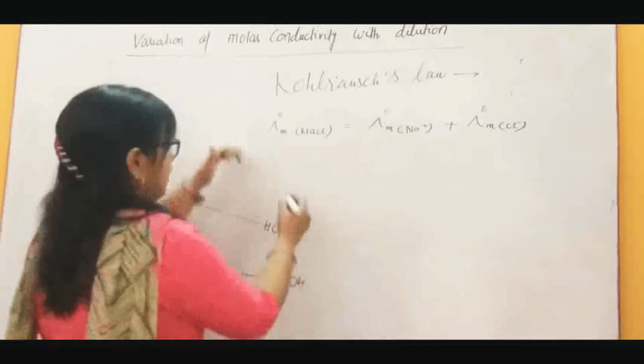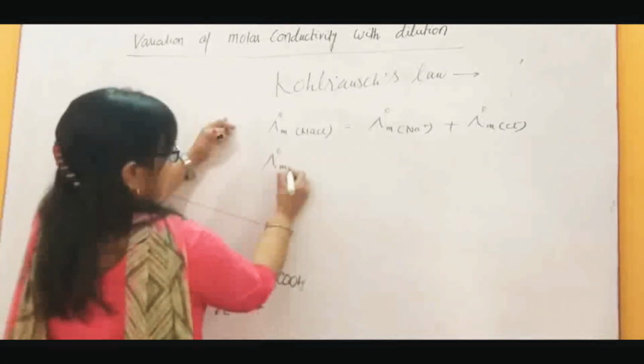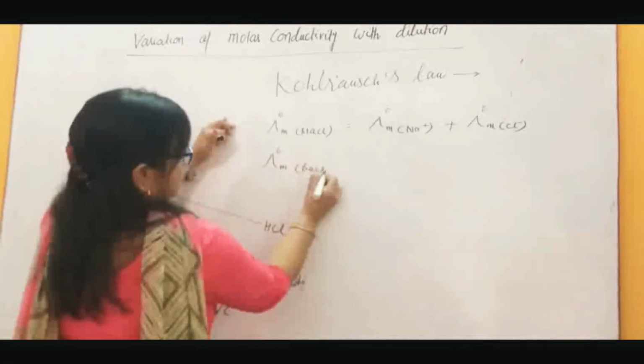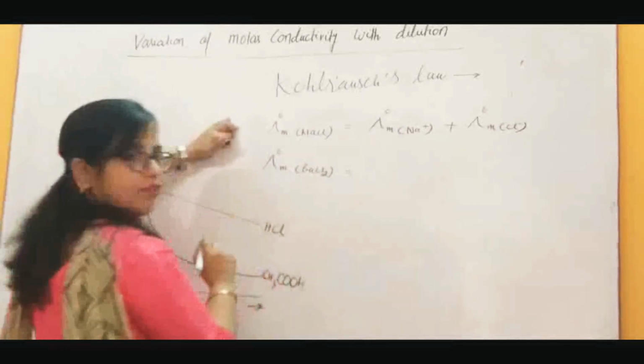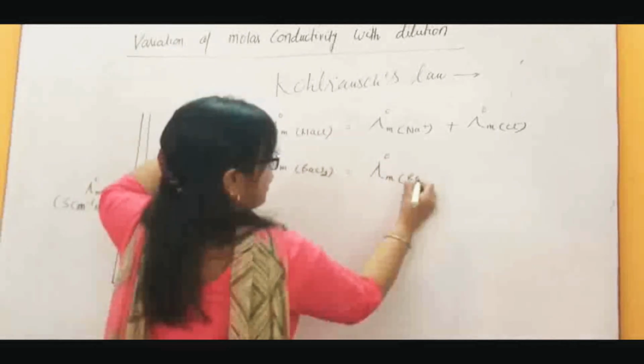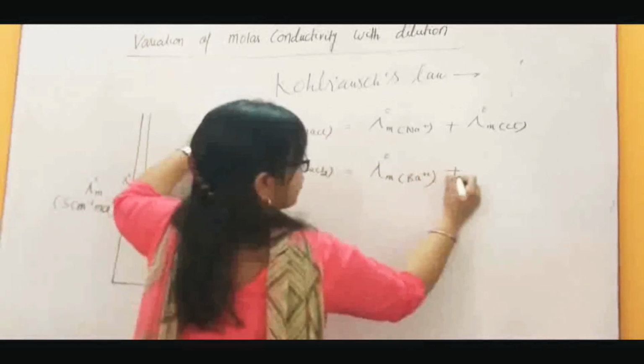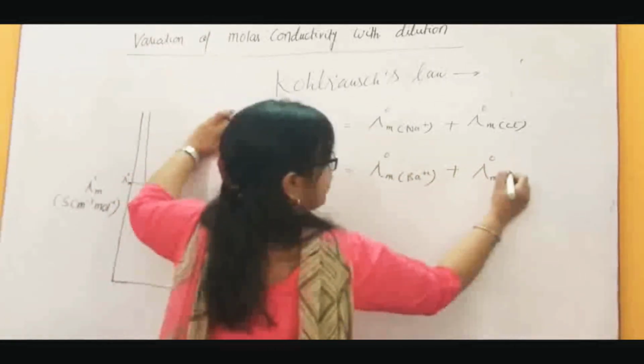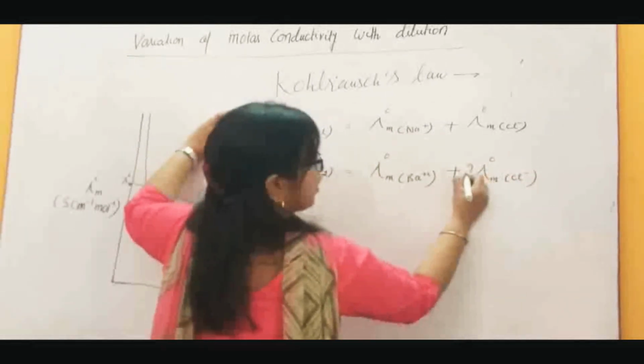Okay, in the case of barium chloride, BaCl2, I can write lambda naught m for barium plus lambda naught m for chloride.